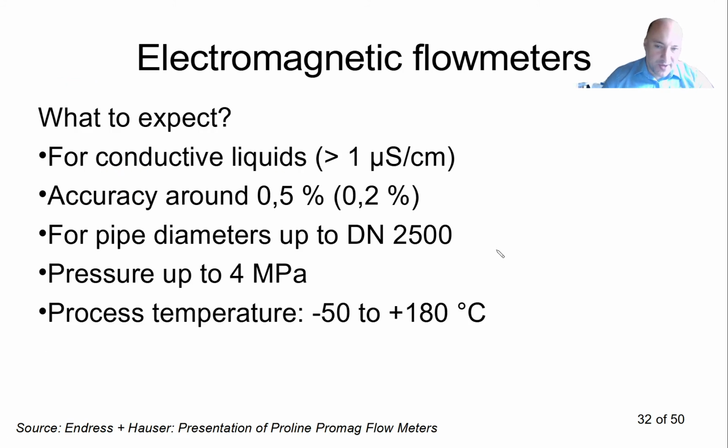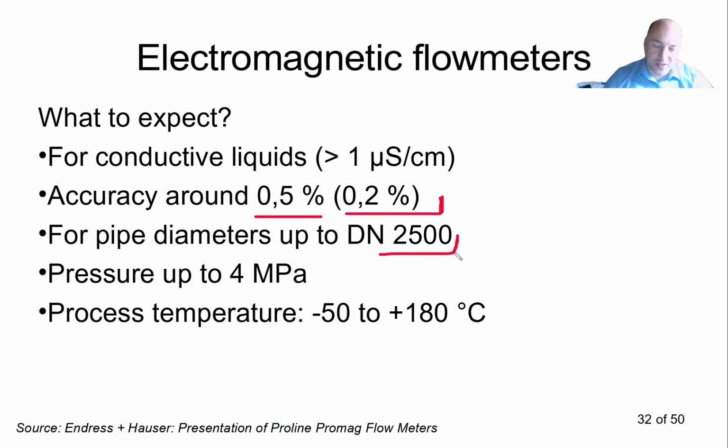What can we expect? Well, it's suitable only for conductive liquids. So it will not work for gas, for example. It will not work for a liquid that is not conductive. The expected accuracy is about 0.5%. If you are looking for more accurate sensors, you may find something like 0.2.